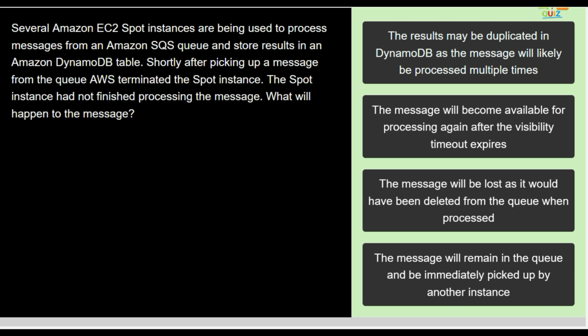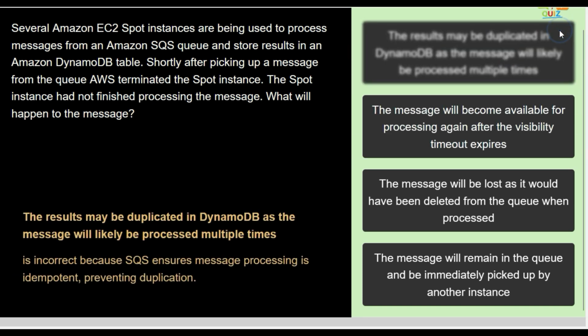Now let us analyze the answers. Option 1, the results may be duplicated in DynamoDB as the message will likely be processed multiple times. This option is incorrect because SQS ensures message processing is idempotent, preventing duplication. So this is why option 1 is the wrong answer.